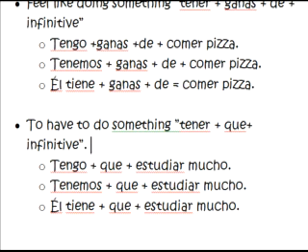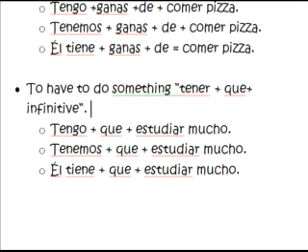Very, very similarly, when you have to say, I have to do something in Spanish, tener que works the same way. I caution you. Look at the first two here. The stem doesn't change there, but here it is él tiene. But again, I put the pluses in there for illustration purposes: tengo que estudiar mucho.